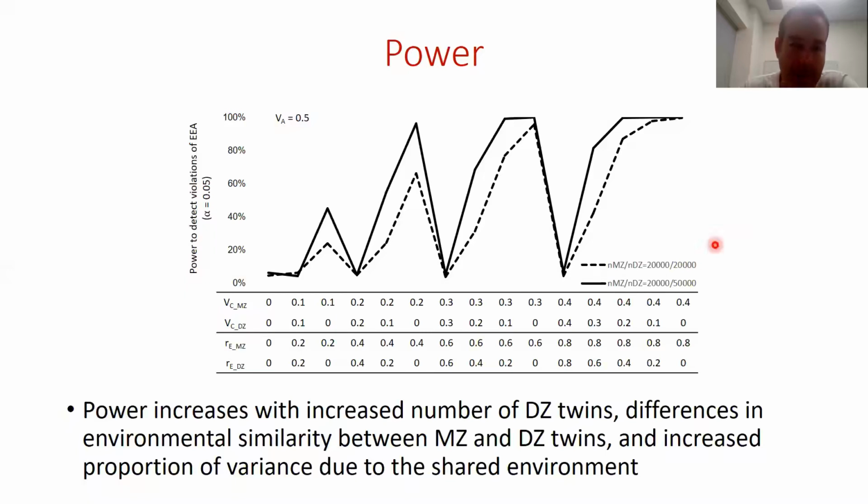It's also a little bit sobering to look at the numbers involved here. These are quite large departures from the equal environments assumption, and yet we need very large sample sizes in order to detect them. So that is quite sobering.